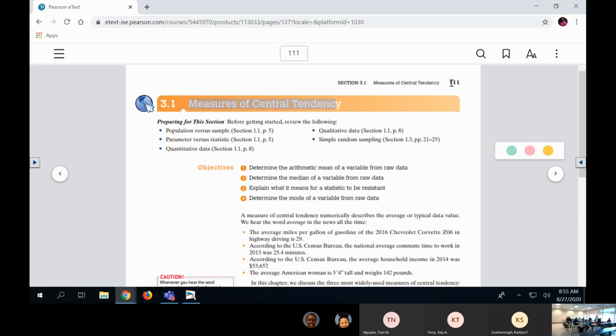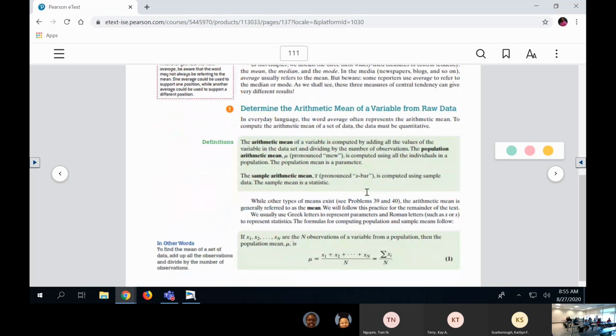Okay? Determine the arithmetic mean, median, mean, mode. Now, I'm not going to tell you to write all this down. And if I ask you what the definition of mean is, half of you wouldn't be able to tell me. Some of you would say, well, you average all the numbers up and you divide by how many numbers you got.